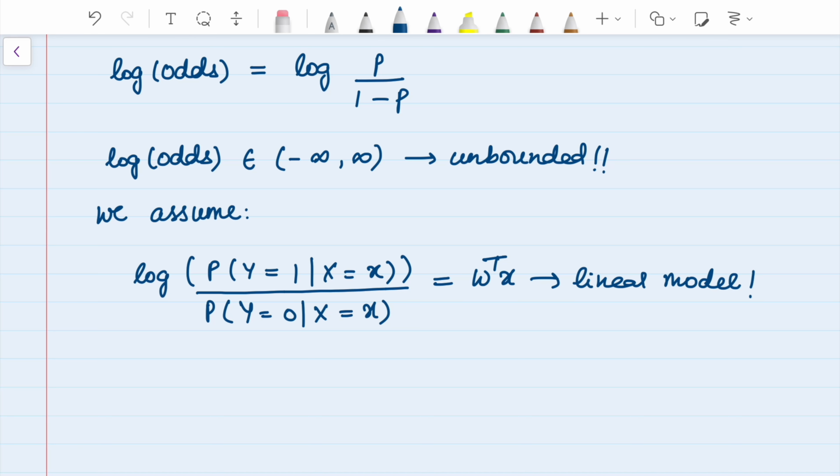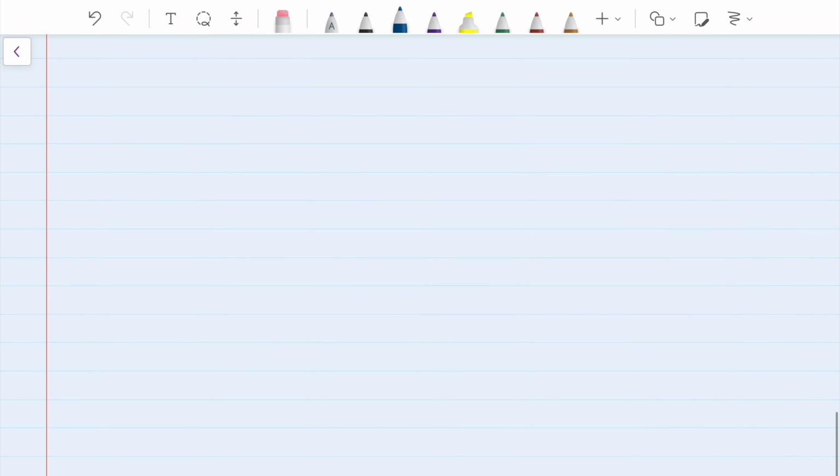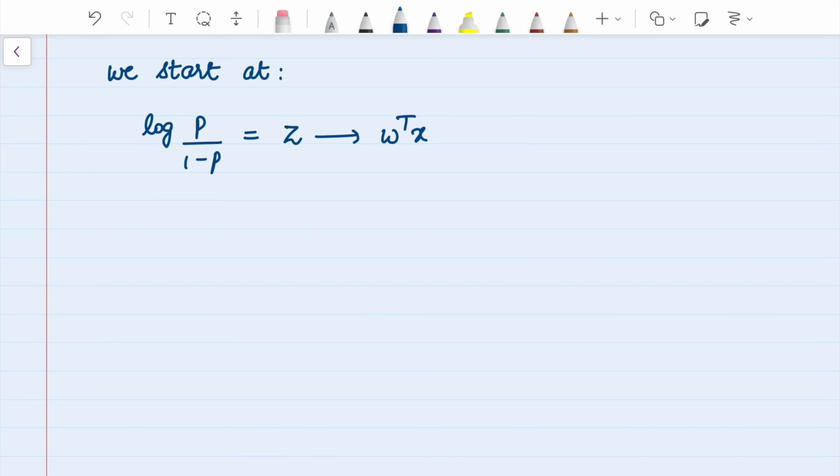So putting this in a simpler format, we start with logarithm of p by 1 minus p equals z. Here z is nothing but W transpose x, but we are using z for notational ease. We can send the logarithm to the RHS by taking an exponent. So p by 1 minus p equals e power z.